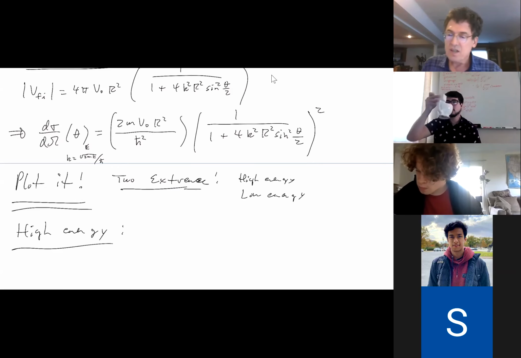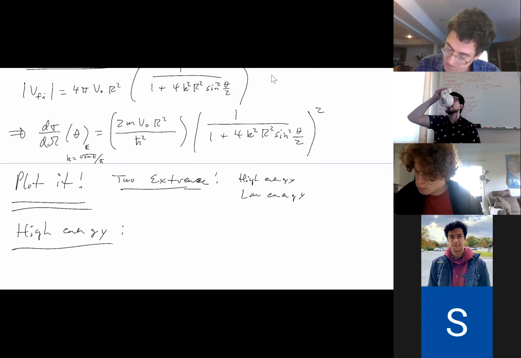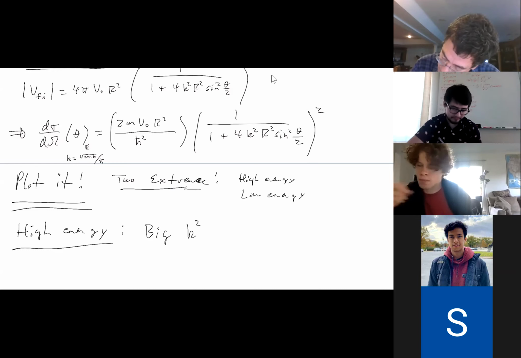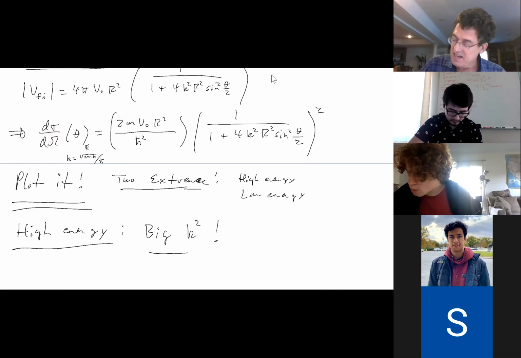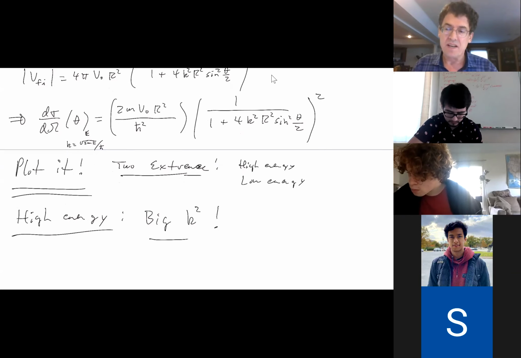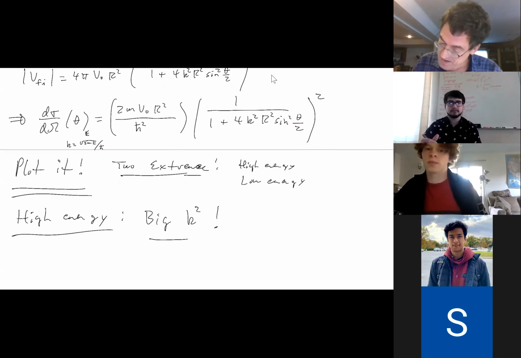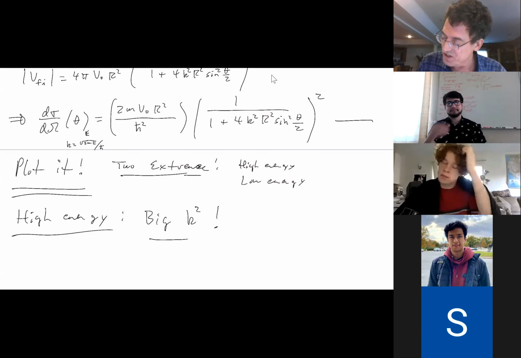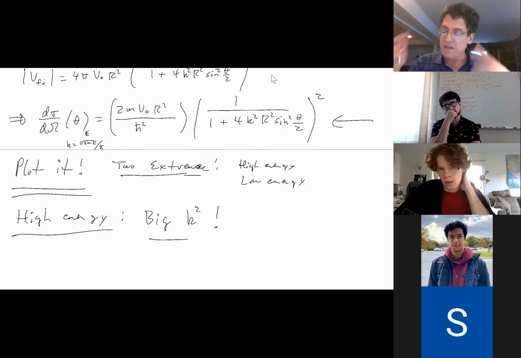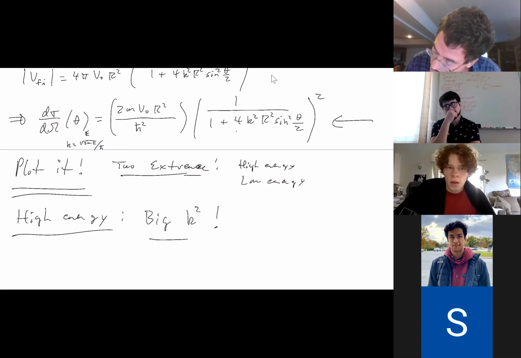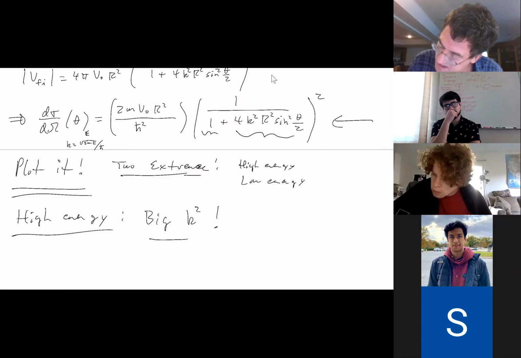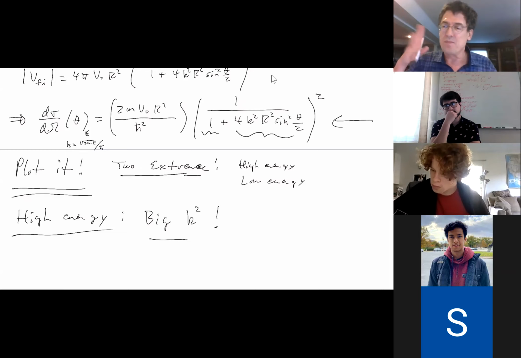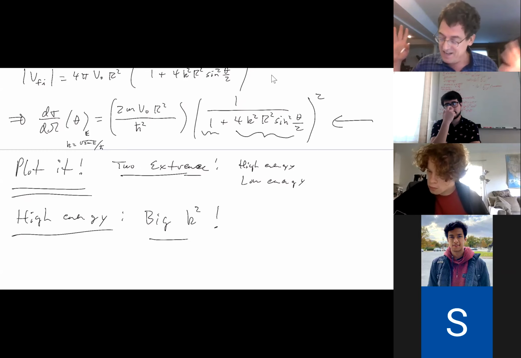High energy means that we have big k squared. And when k squared is big, let's plot out this formula. Look at the formula, you see it right there. If k is big, then I have these two parts in the denominator, the constant and this other part, and you see that the k squared part dominates at high energy.